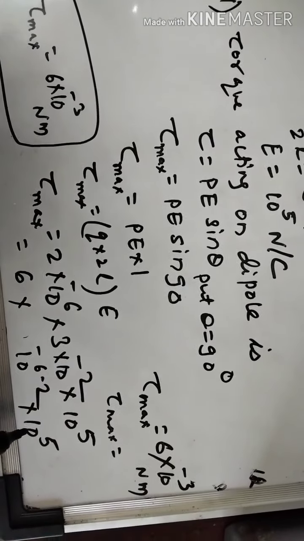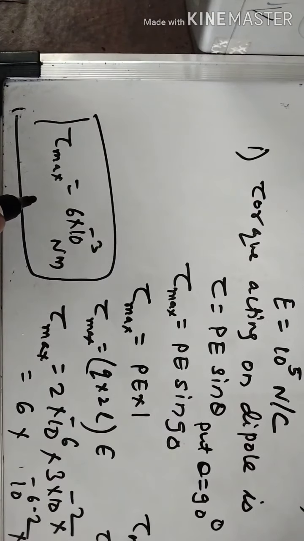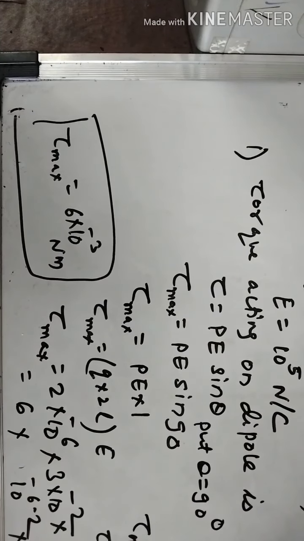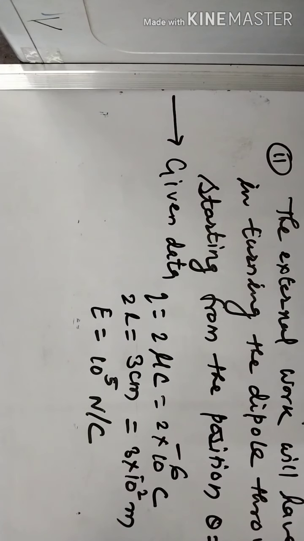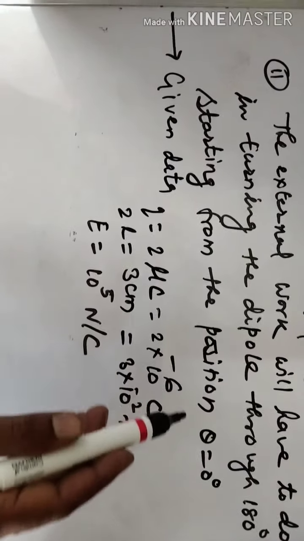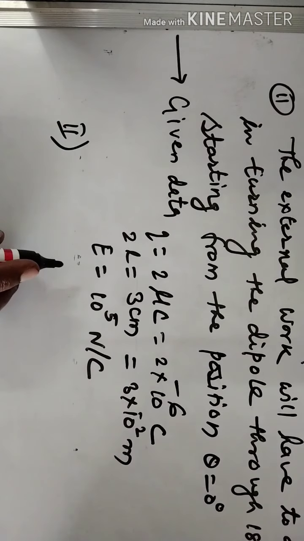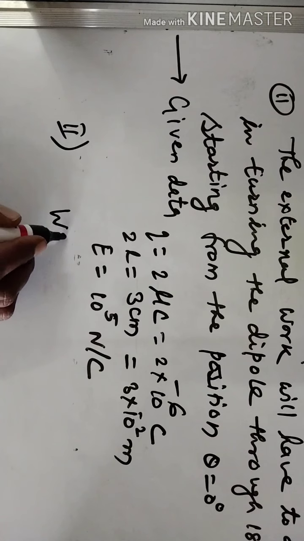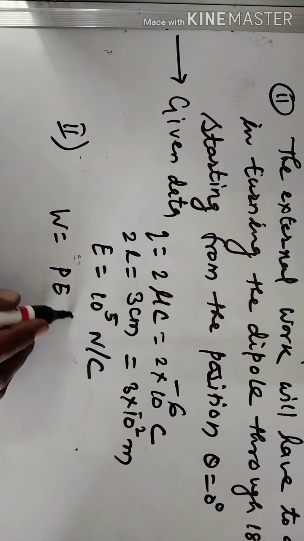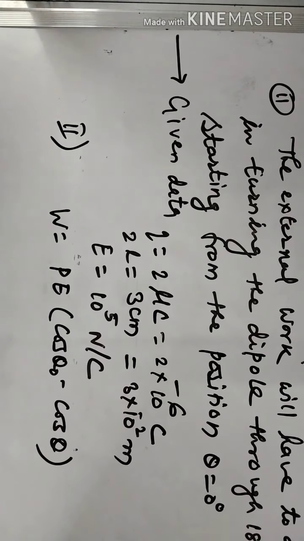So the final answer for the first problem, maximum torque, is 6 into 10 to the power minus 3. Now what is the second problem? The external work that will have to be done in turning the dipole through 180 degrees, starting from theta equal to 0. Work is equal to PE into cos theta 0 minus cos theta.